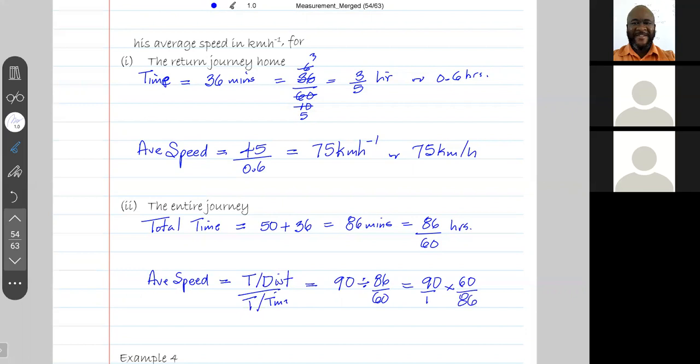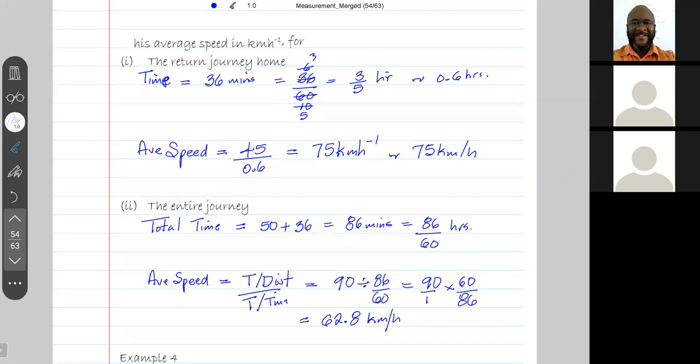So simply multiply 90 by 60 and then divide by 86. That will give you an answer. So 90 times 60 divided by 86, and the answer I'm getting for the average speed for the entire journey is 62.8 kilometers per hour.